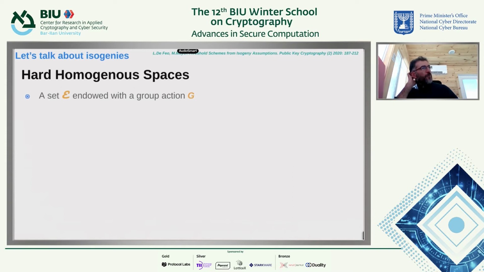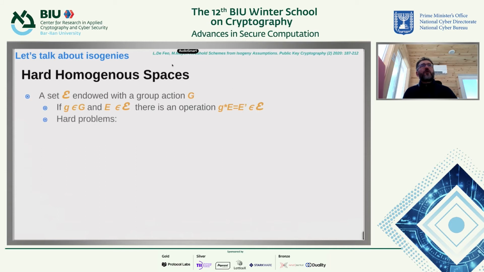So we have a set called E. In most of these instantiations, E is a set of elliptic curves, which is endowed with a group action G. What do I mean by that? Simply that if you take an element G in the group and a curve E in the set E, there's an operation that takes the group element and the curve and gives you another curve in the set E, okay?